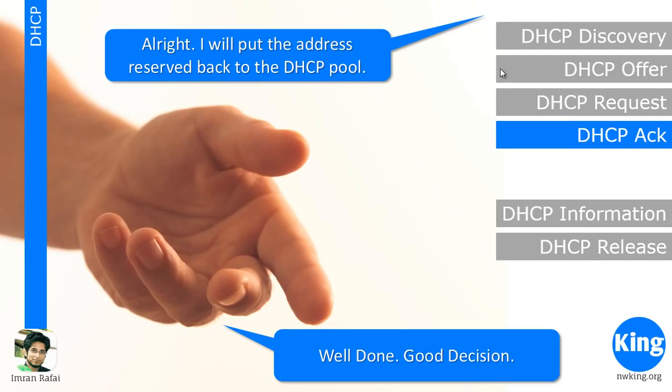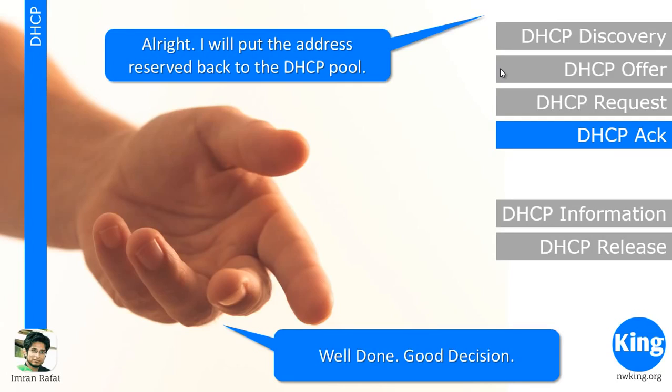It's up to you and me to just pull the plug. But the machine, your computer, your laptop, whatever, doesn't have enough time to send a DHCP release message. So in the DHCP process, DHCP release is not a mandatory step, right? So the mandatory steps are DHCP discovery, DHCP offer, DHCP request, and DHCP acknowledgement. So that is how an IP address is configured.